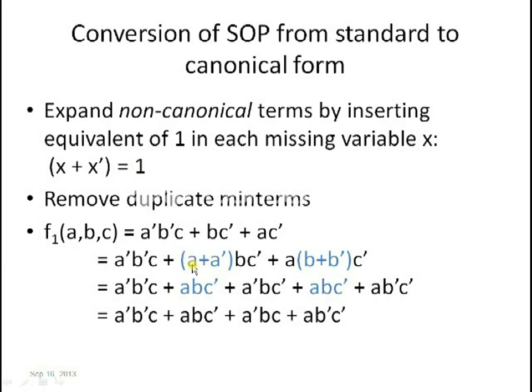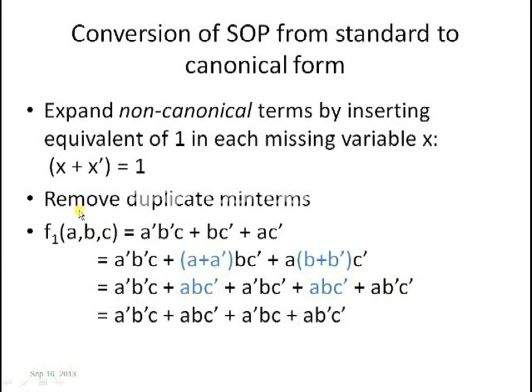Here x is substituted with a. So a plus a complement into b c complement. In the same way here, b plus b complement. Now expand this: a complement b complement c plus a b c complement plus a complement b c complement plus a b c complement plus a b complement c complement.